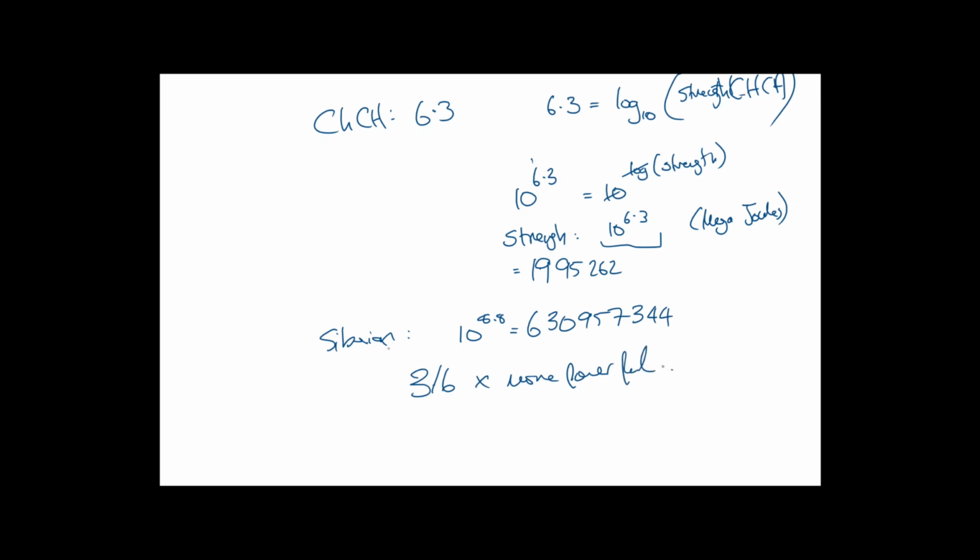So the question must be asked then, why was the Christchurch earthquake so much more destructive than the Siberian earthquake? And the answer is there's three big answers. The first one is that Christchurch really wasn't so much of an earthquake prone place.